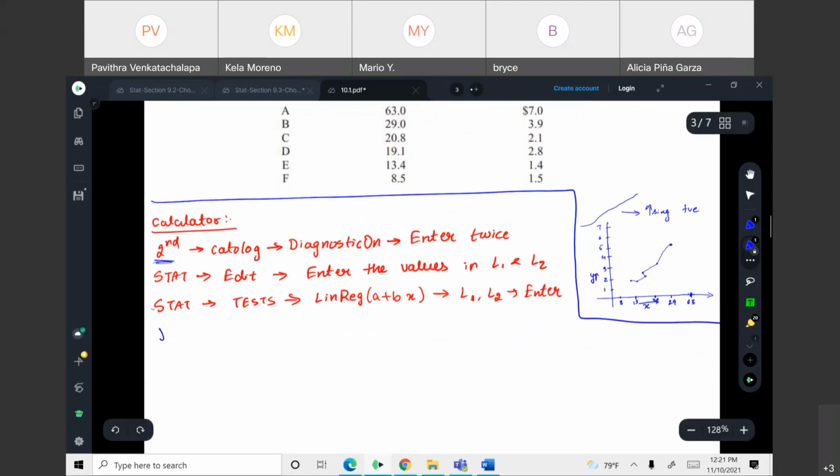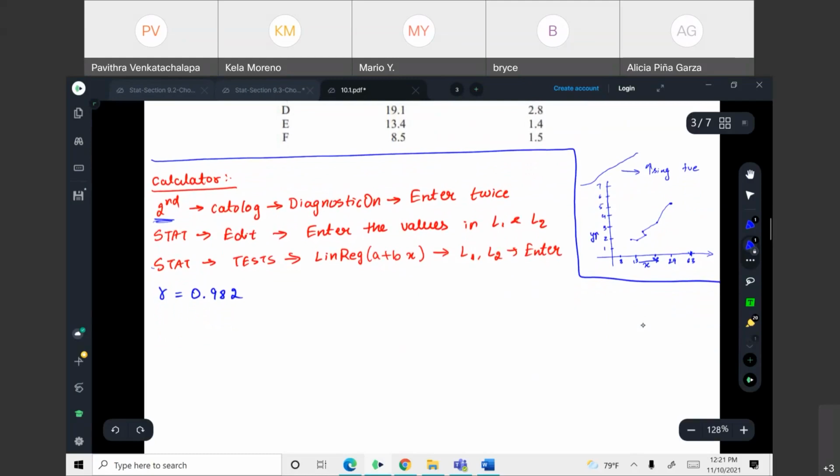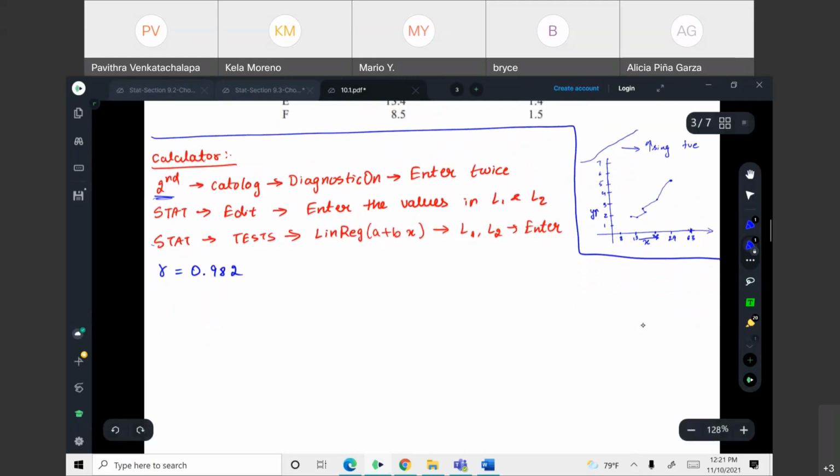So they're saying that R value is 0.982 in WebEx from Erica. Did anyone get the same value? So this is the answer.